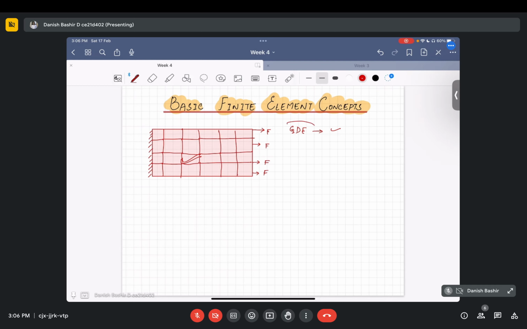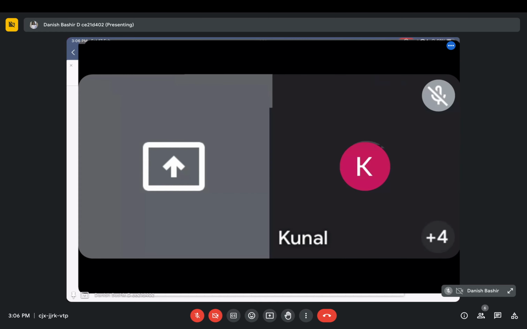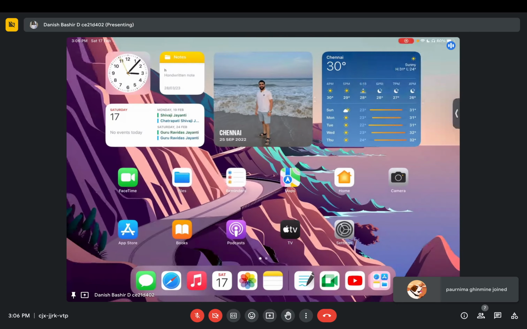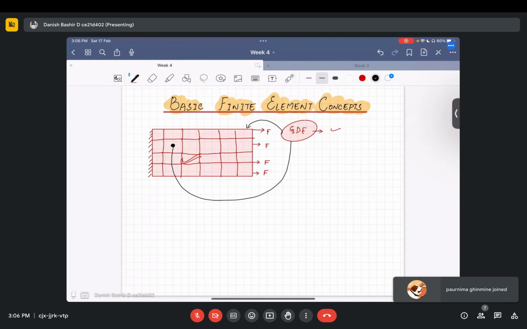We had one governing differential equation applied to the whole domain, but now we take the same governing differential equation and solve it for one small element, and for that small element we can obtain the solutions.